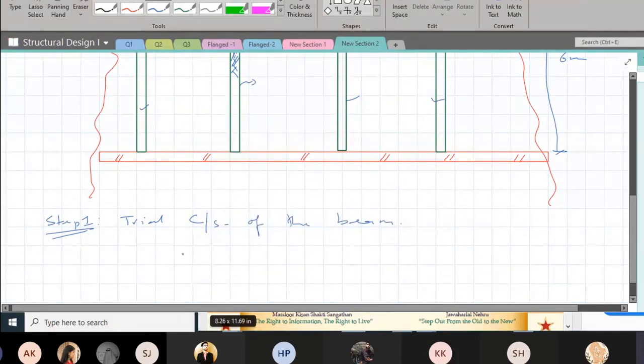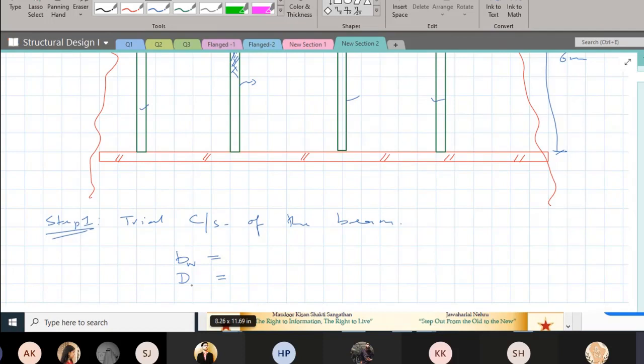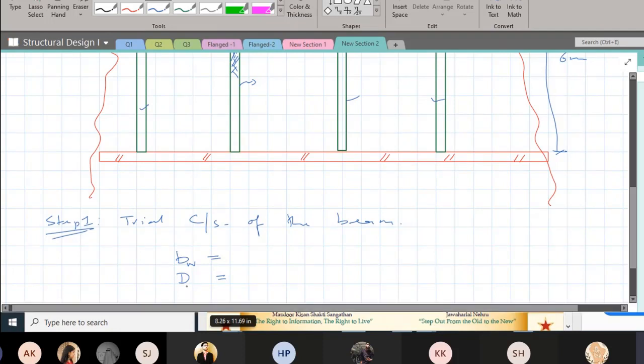That is, what should be the width of the web of the beam, because it is a T section, and I should also know the overall depth of the beam. Later, depending upon the cover and reinforcement you are providing, you would be able to know the effective depth. So how do we start?